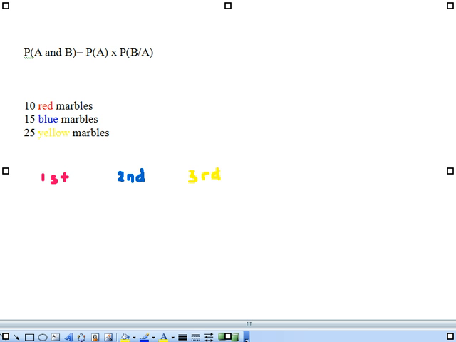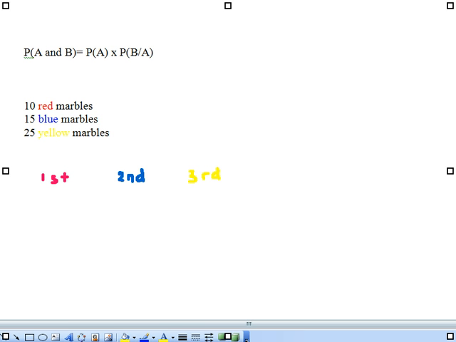Okay. Ongoing assessment says Kiki has a jar with 10 red marbles, 15 blue marbles, and 25 yellow marbles. Suppose Kiki removes 3 marbles from her jar without replacing any of them. What is the probability that she will remove a red marble on the first draw, a blue marble on the second draw, and a yellow marble on the final draw?